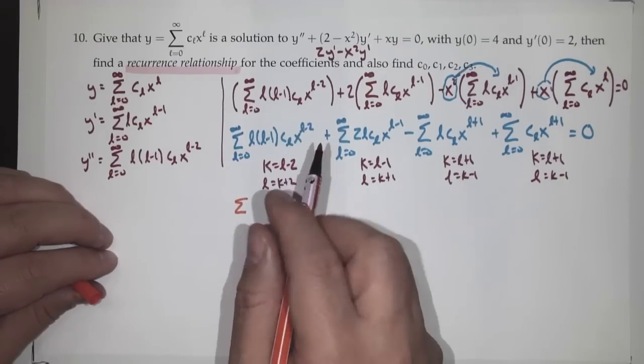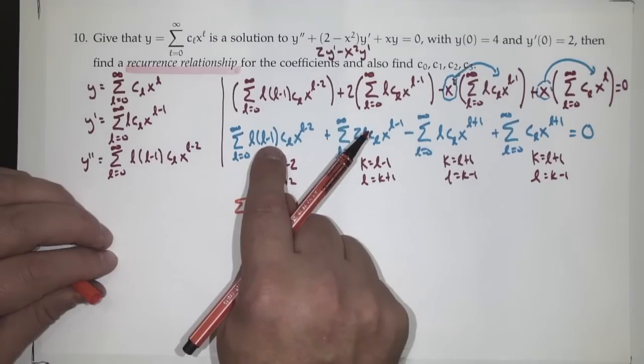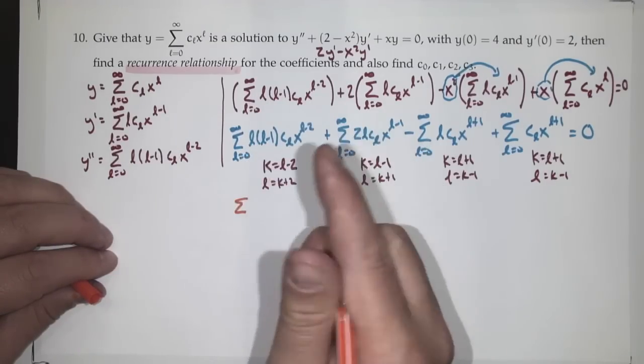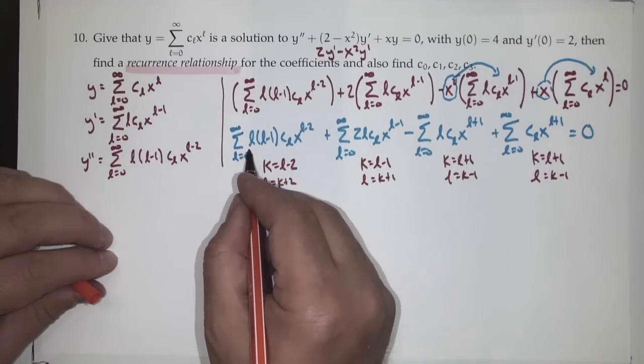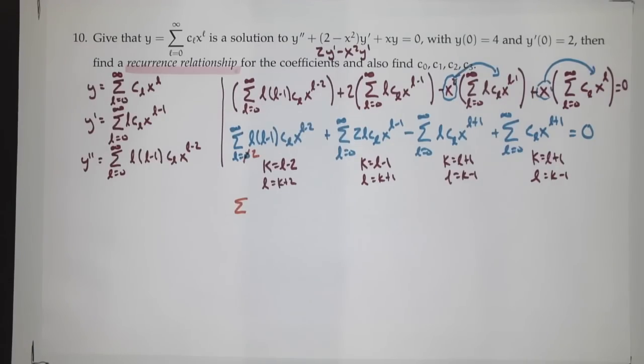That sounds terrible, but wait. Notice this L times L minus 1. It's actually 0 for the first value at 0, and it's 0 for the second value, which is, plug in 1. So I can change where I start, move it to 2, because the first two terms are 0 automatically. Since the first two terms are 0 automatically, I can just say, look, don't start at 0, start later.